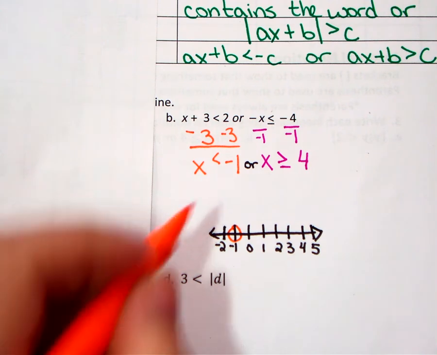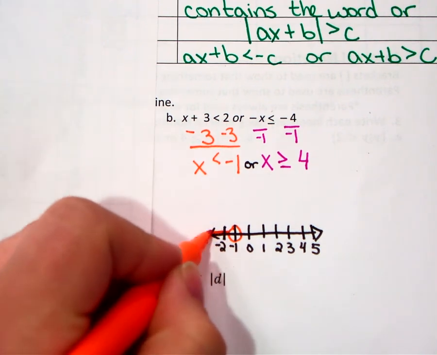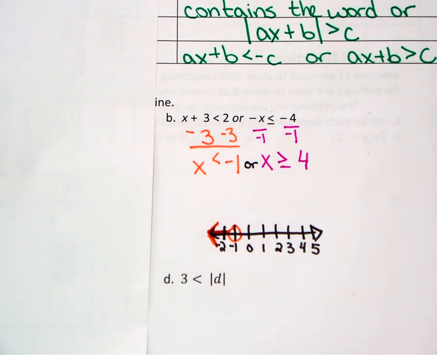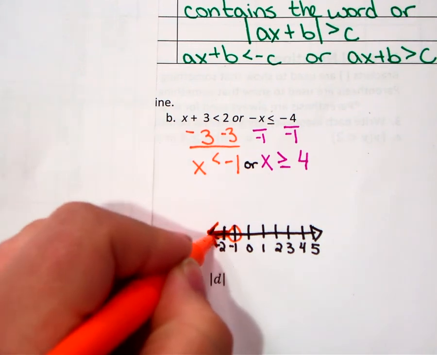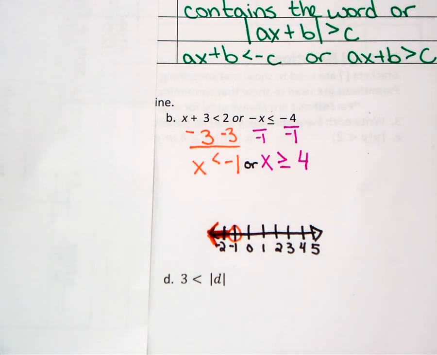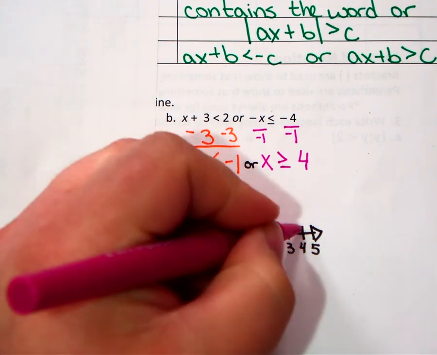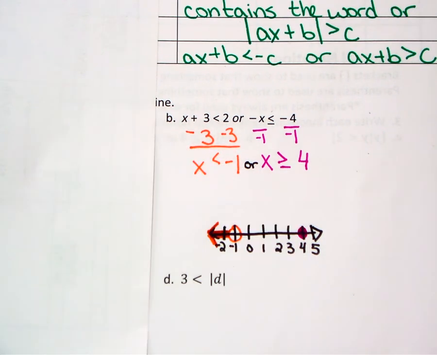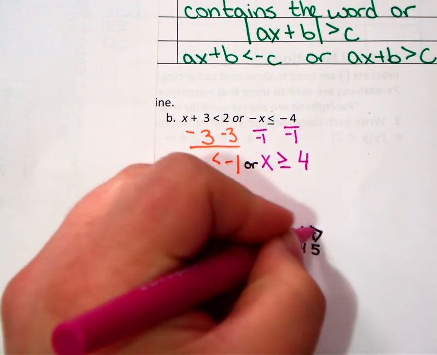So I'm going to shade to the left because the inequality points left. On the right inequality, we're going to put a closed dot on 4 because it is equal to. And the inequality is pointing to the right, so we're going to shade to the right.